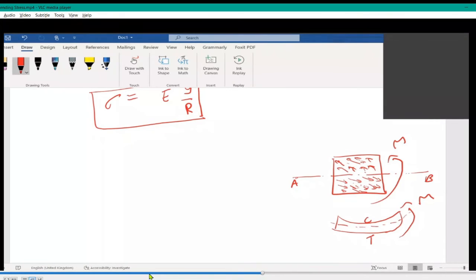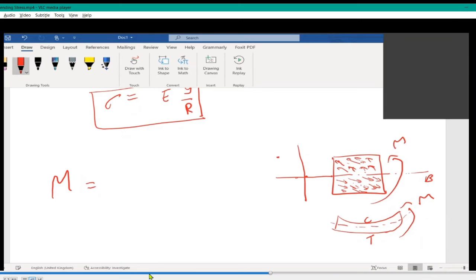Let's find out how much is the M value. How do you find out? M is equal to, you see here there is a variation between up and down. When you draw the diagram from here to here, graphically, if you represent this point, it is going inward, right?